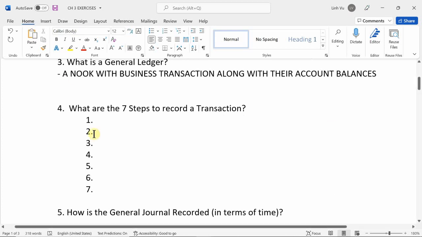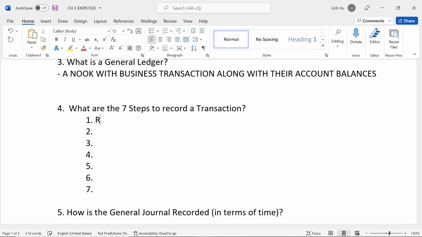Number 4, what are the 7 steps of transaction analysis? What's the first step? Recognize that a transaction event has occurred and what source documents, such as a sales invoice from the supplier.